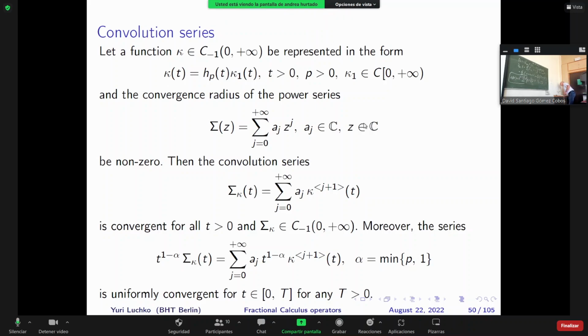And this convolution series can be used, as I already said, for different aims. For example, I tried to use the series method to solve some fractional differential equations.